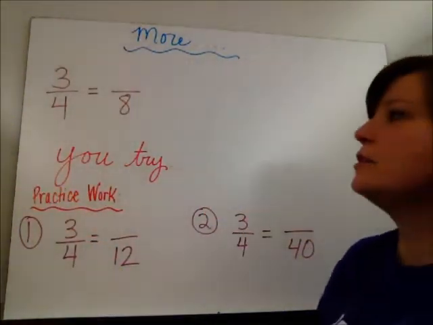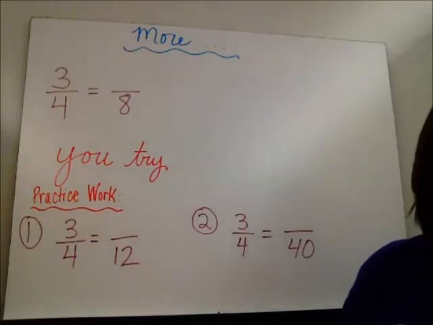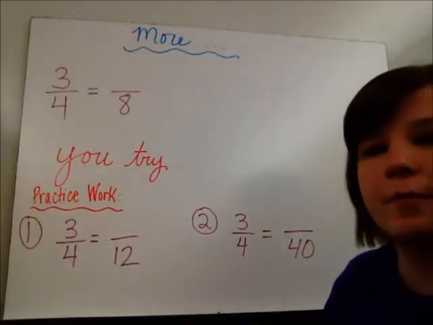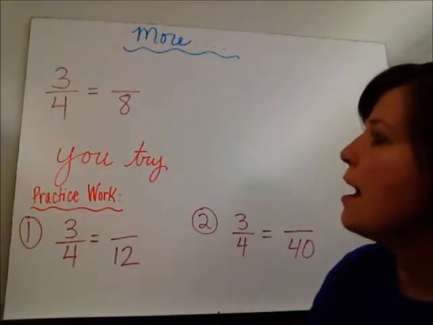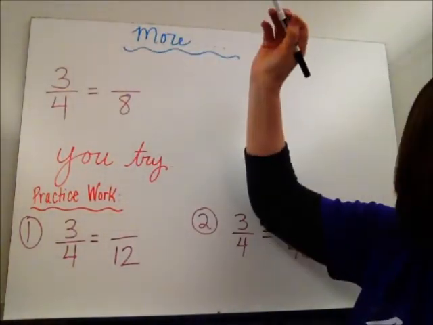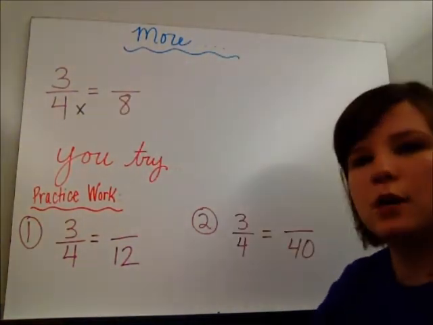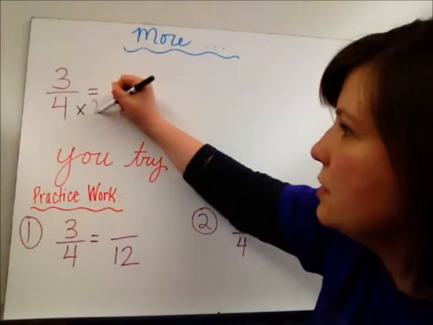Okay, here's another way to do this. So we're just going to try this one with our paper and pencil method and not with our book. So we know that we can multiply to find our answers here. So 4 times something equals 8. What is it? 4 times 2 equals 8.